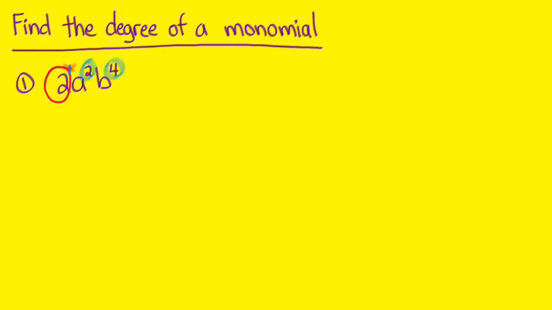So we would say that it's 2 plus 4 is 6. That this monomial 2a squared b to the 4th power is to the degree of 6. Or we know that we would have to do a twice and b 4 times, and 4 plus 2 is 6.